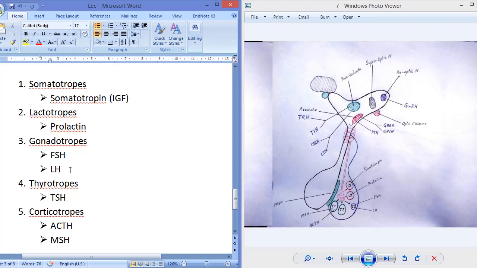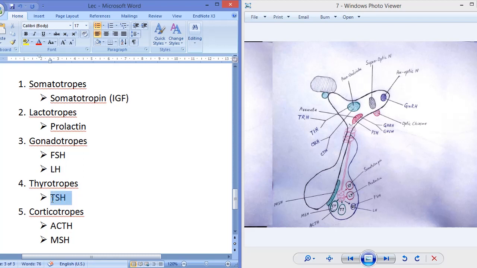And this is also responsible for the secretion of progesterone from the corpus luteum. And the luteinizing hormone is also responsible for the secretion of testosterone from the testes. So the follicle stimulating hormone is responsible for the secretion of sperms, while the luteinizing hormone is responsible for the secretion of testosterone.